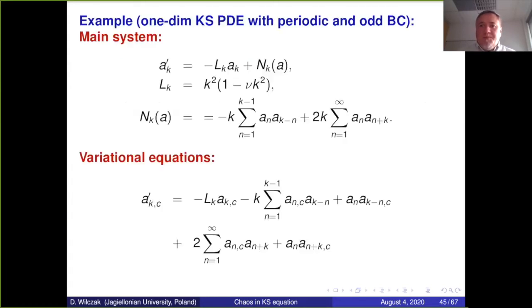So how does it look for the Kuramoto-Sivashinsky PDE? This is the main system, okay? And here is the system for variational equations. I would like to emphasize that it has the same structure. So we have strong dissipation here and some nonlinearity. So it has actually the same properties as the original system.